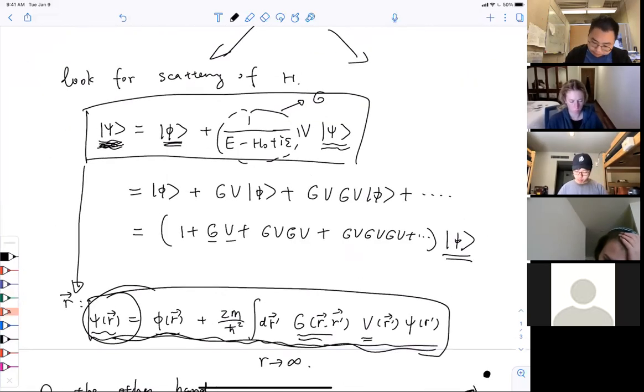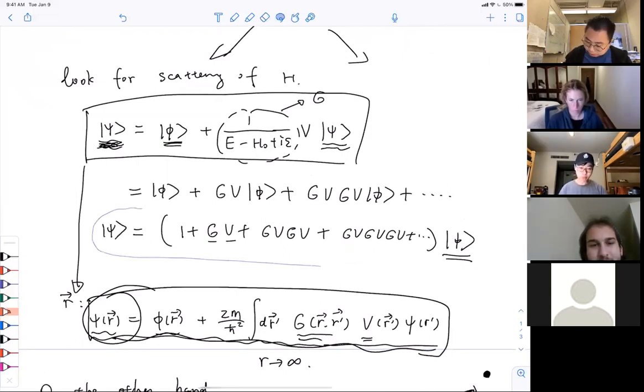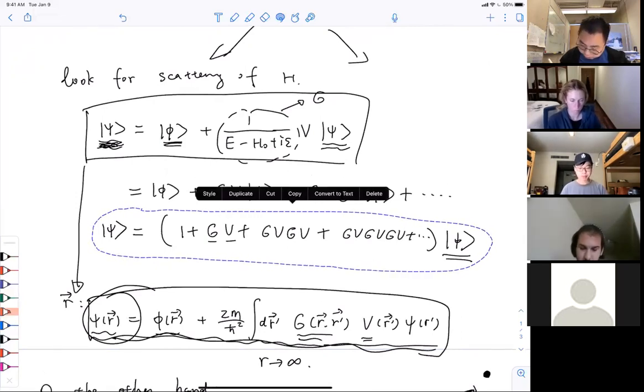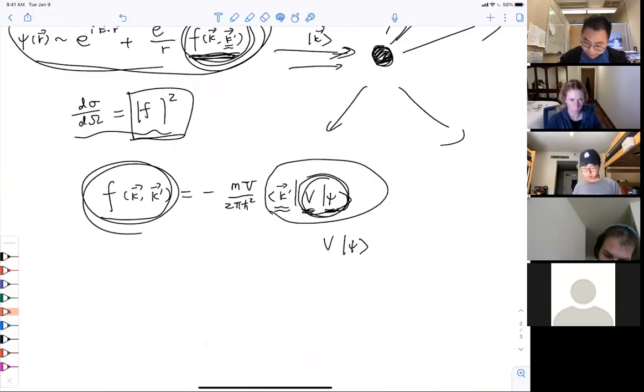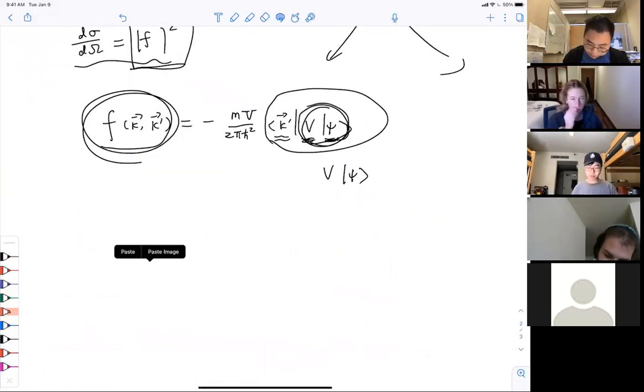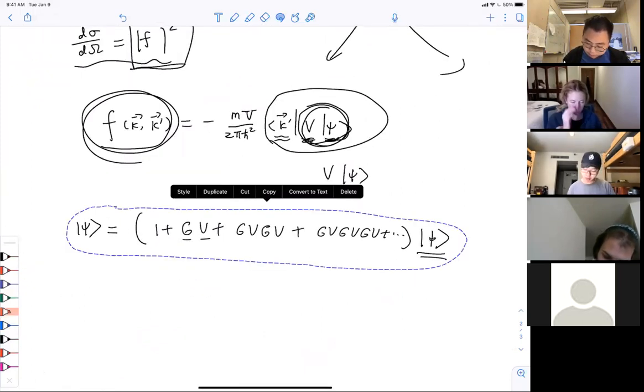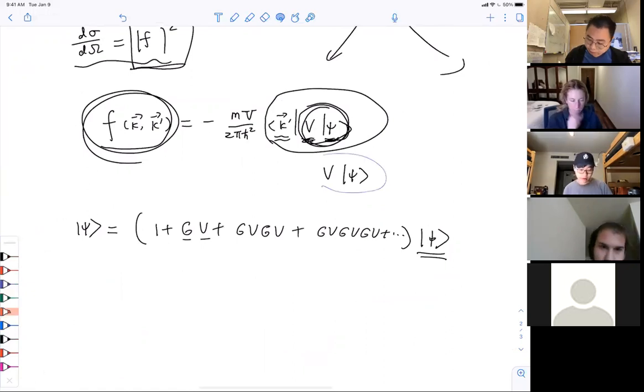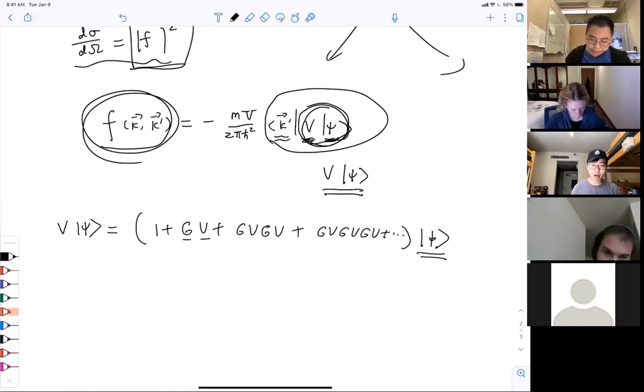So let us make use of this equation. To obtain this expression, we just need to act with the scattering potential on this state phi.